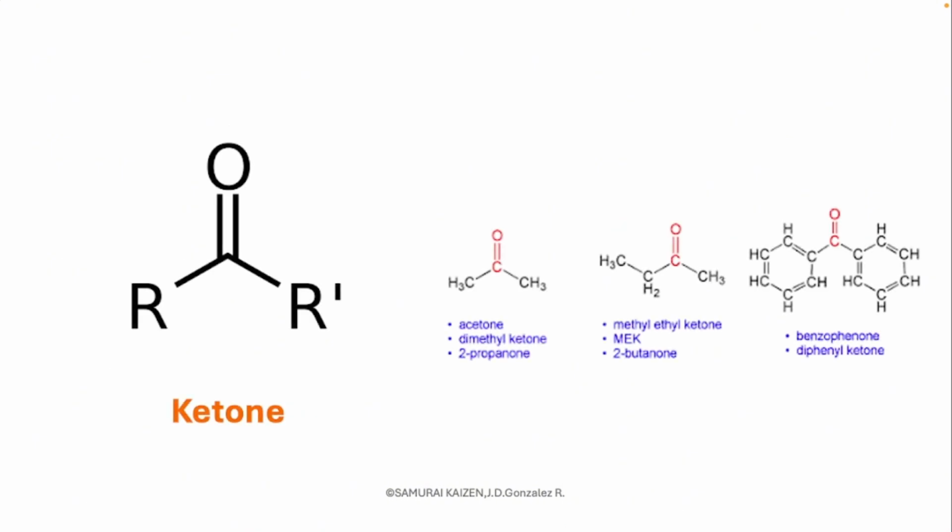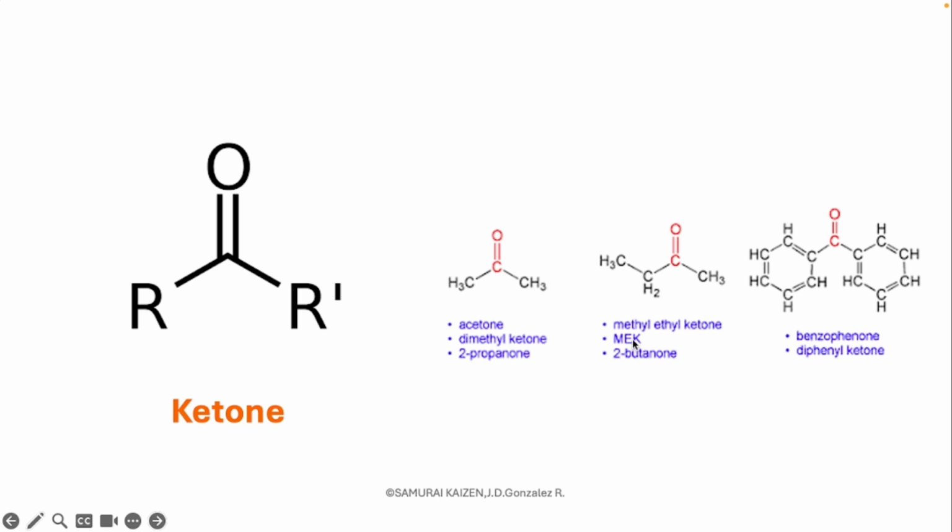In this case, we have a ketone. For example, this is the most common of all, which is named acetone, but it can also have other nomenclatures such as dimethyl ketone or 2-propanone. This one is methyl ethyl ketone.